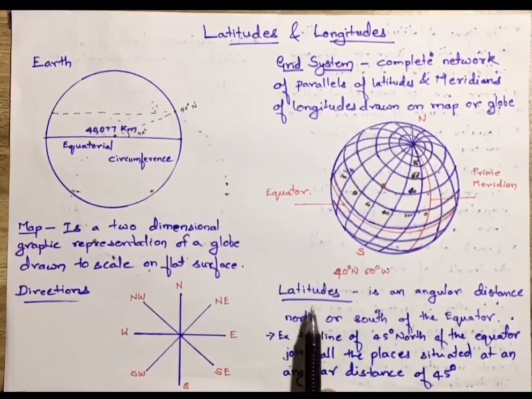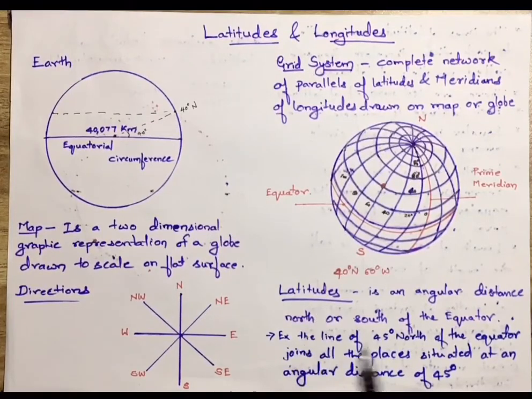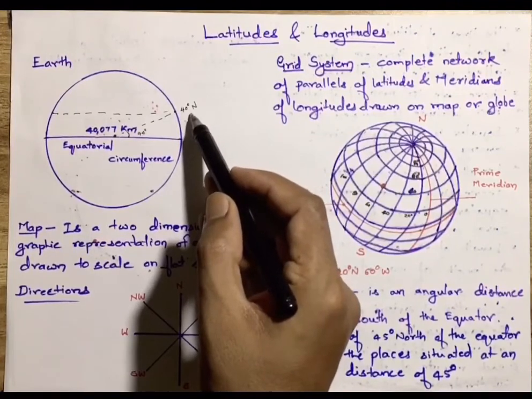Now students will be studying about latitudes in detail. What exactly is latitude? Latitude is an angular distance north or south of the equator. For example, the line of 45 degree north of the equator joins all the places situated at an angular distance of 45 degree. For example, students, say this is 40 degree north approximately.